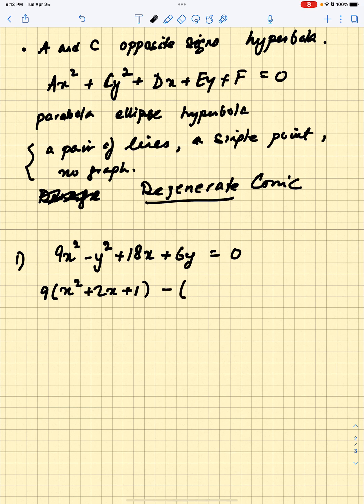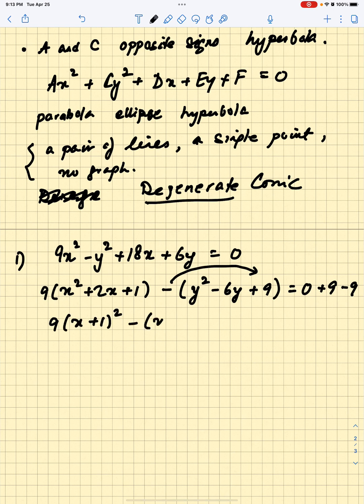Here half of negative 6 is negative 3, and the square of that is 9. So whatever we've added here, we add to the other side. But on the y terms we've actually subtracted 9, so we subtract 9 on that side. So what we have is 9 times (x plus 1) squared minus (y minus 3) squared is equal to 0.